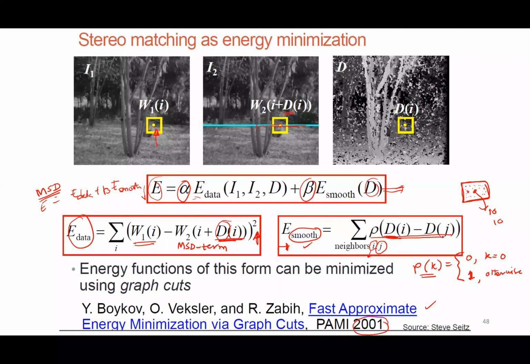You do it in an iterative way. Most of the methods earlier to this are either computationally very expensive, or they end up being very sensitive to what values of disparities you are initializing your solution with. If you start with a different value of d, they end up somewhere else.